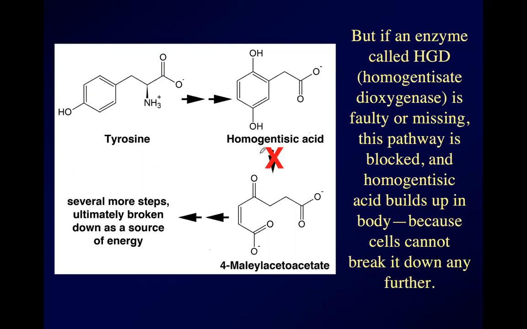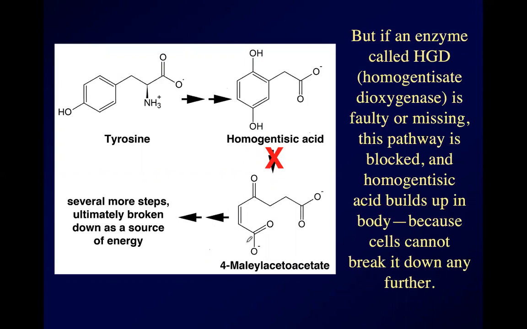If the enzyme HGD is faulty or missing, that pathway is blocked. Tyrosine can be converted into homogentisic acid, but it can't go any farther. You can't convert homogentisic acid into 4-maleylacetoacetate, and homogentisic acid builds up in the body.